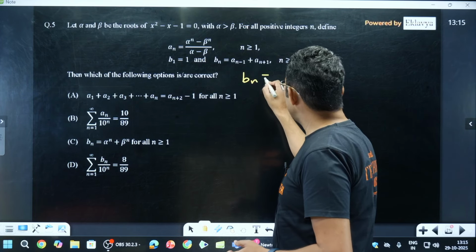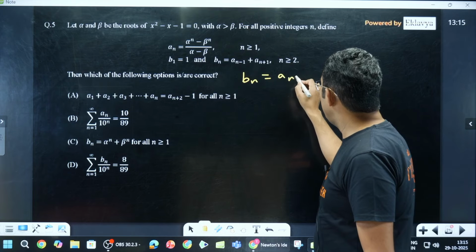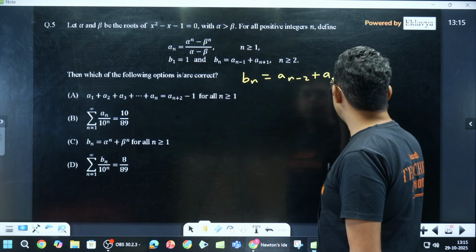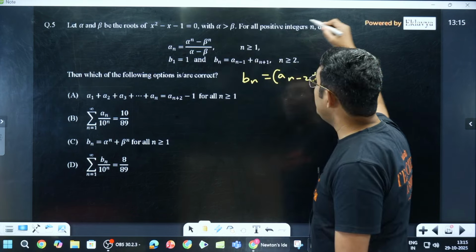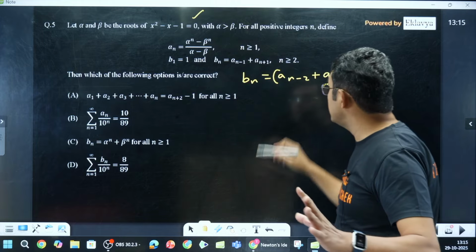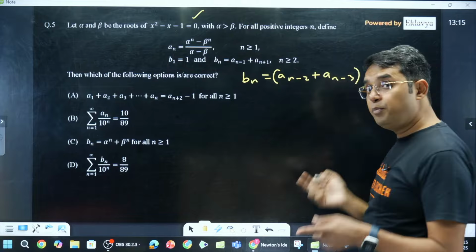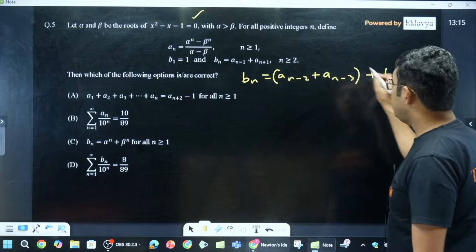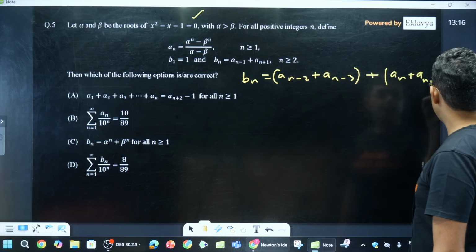So let me see if I can write An minus 1 as an minus 2 plus an minus 3 using that relation I told you, because all an should be satisfying this quadratic. So an minus 1 will be equal to the sum of previous two. Similarly, an plus 1 would be sum of previous two, that is an plus an minus 1.